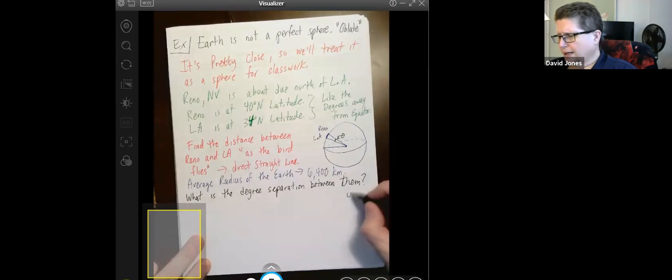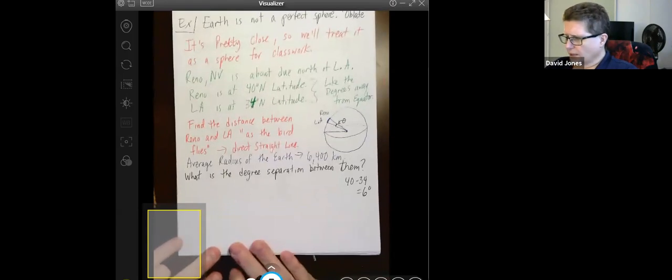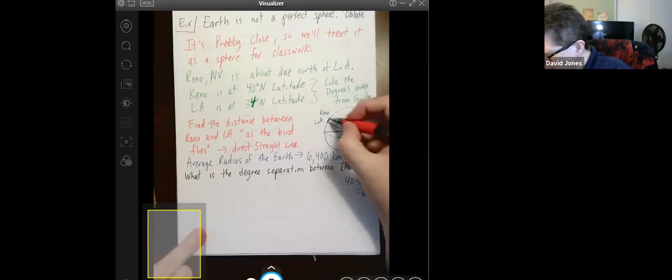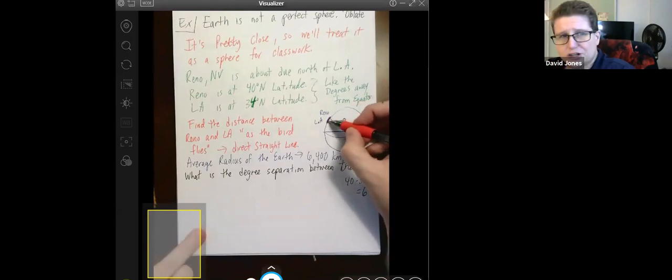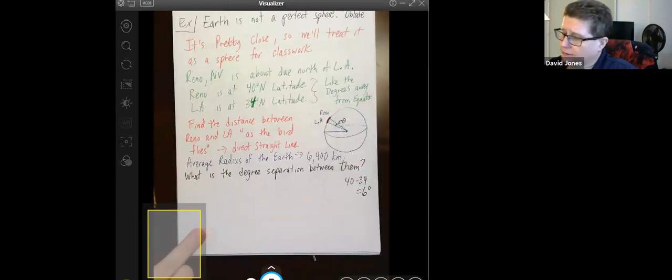Well, 40 minus 34, 6 degrees. So we're looking for this distance right here, and that's portioned the way around a circle. Since it's in a straight line, it's like going around a circle.